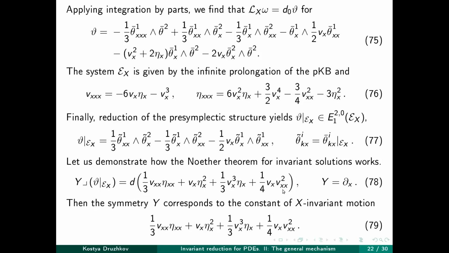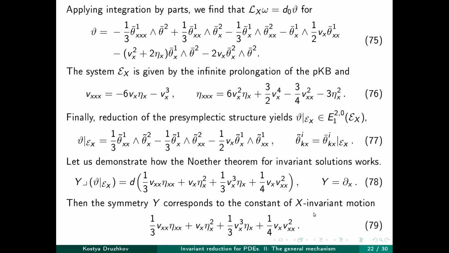This automatically means that the function is a constant of X-invariant motion, or in other words, for any invariant solution of the original system with connected domain, the restriction of this function on the solution becomes constant. It's a real number on a solution. So it's like a first integral, the direct analog of a first integral.